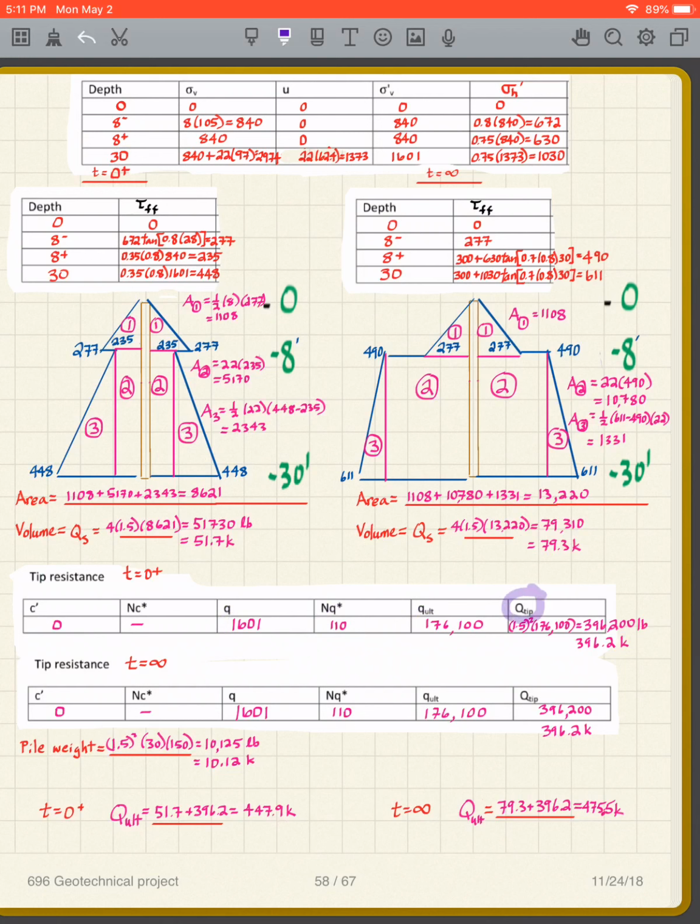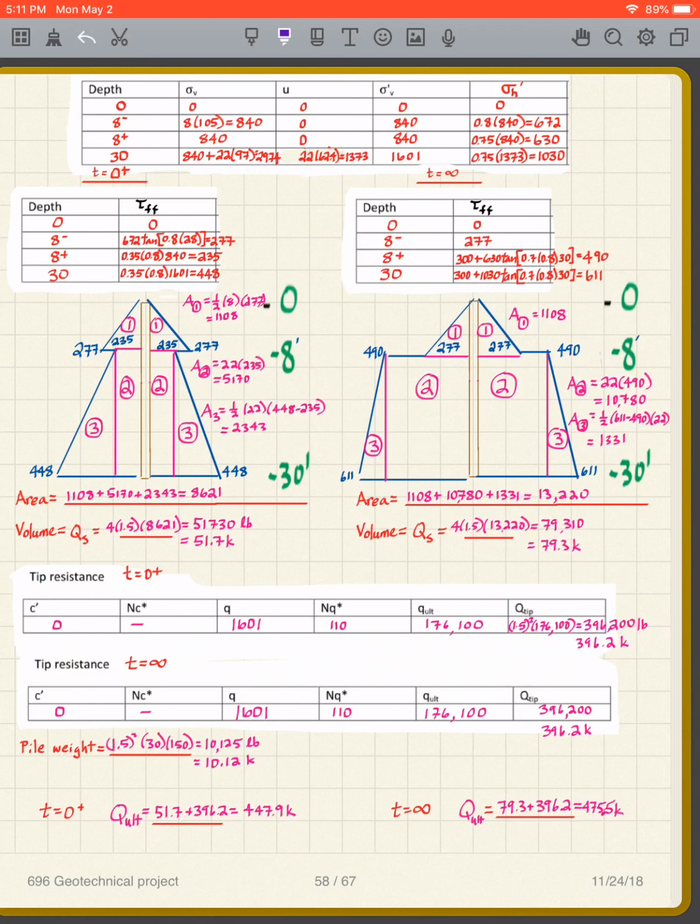What is my Q tip? Now I'm looking at the plan view area, which is 1.5 feet by 1.5 feet. So 1.5 squared is the area, because that's the tip area. 1.5 squared times 176,100 gives me 396,200 pounds, which is 396.2 kips.